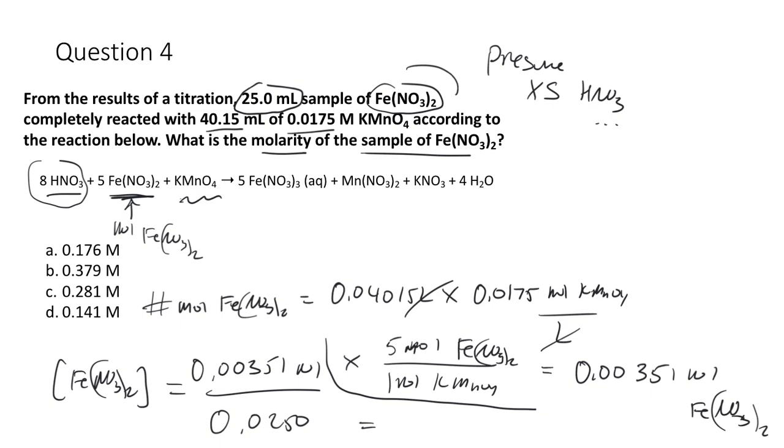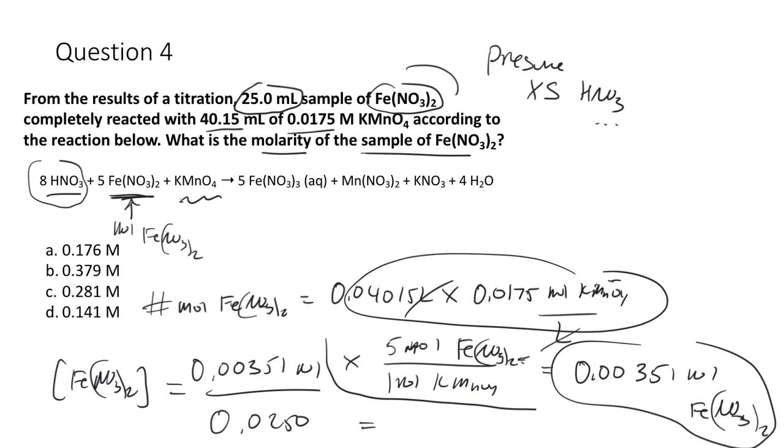And so we don't have to even understand how this is done in the lab, but just from the math of how much of the KMnO4 it took to fully react with the iron nitrate tells us how many moles of iron nitrate had to be present, so we can work out its concentration. And so we'll divide the number of moles there by 0.025 liters, and that works out to 0.141 molar. So the answer is D.